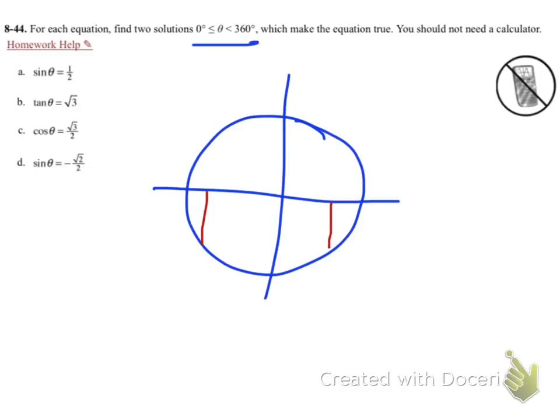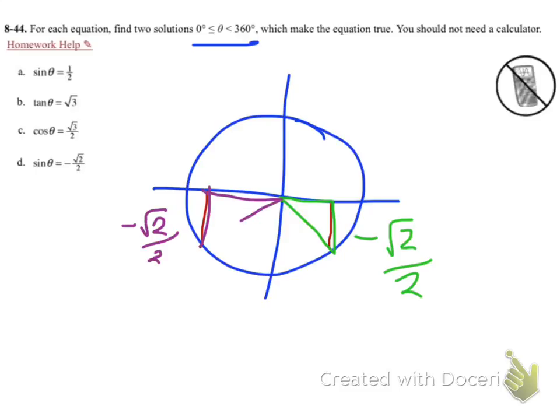Making my triangle then out of that. If this is a negative square root of 2 over 2, and this side over here is also a negative square root of 2 over 2, that means my triangle that I'm making here and the green one are going to be 45, 45, 90s.